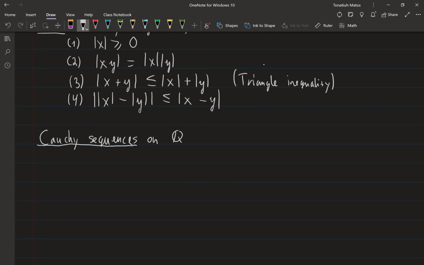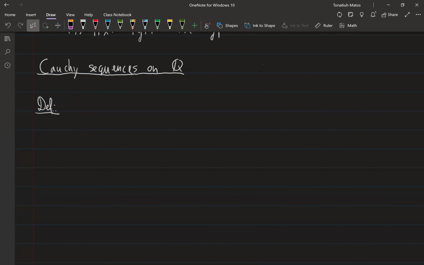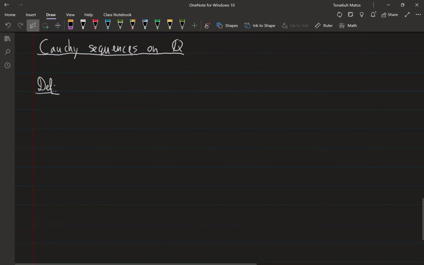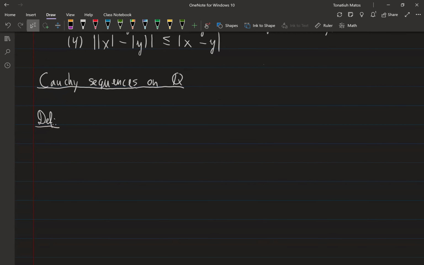So Cauchy sequences on Q. So let's do everything very clean and carefully, and see where that leads us. Like I said, we won't have time to cover everything. This chapter is probably bigger in my mind than everything we've done so far combined, right? So let's just do the bare minimum so that we can construct the real numbers and use this as an excuse to write down proofs, right?